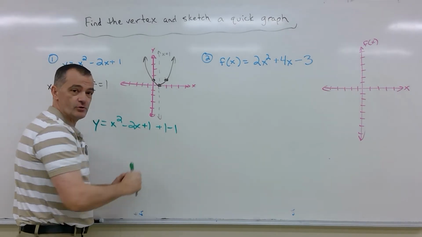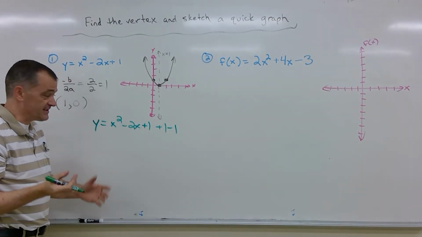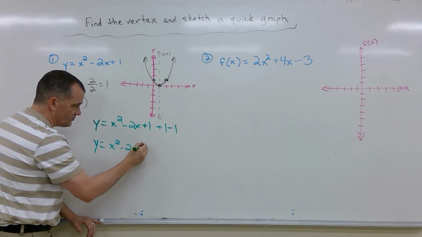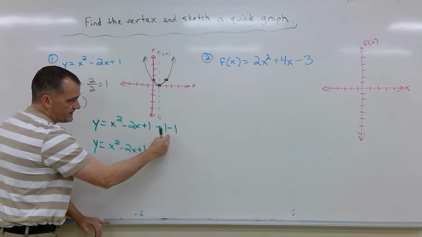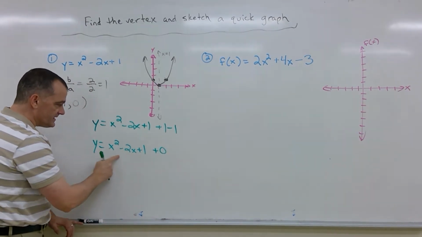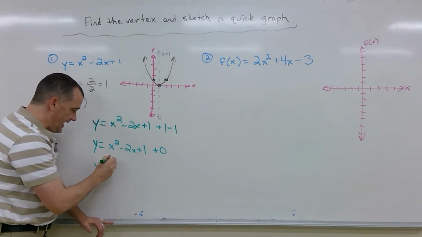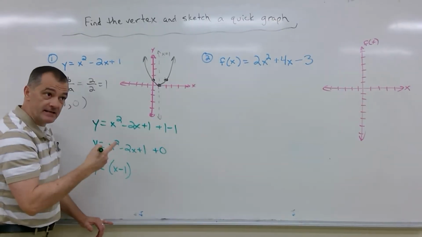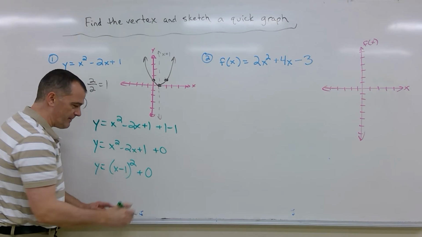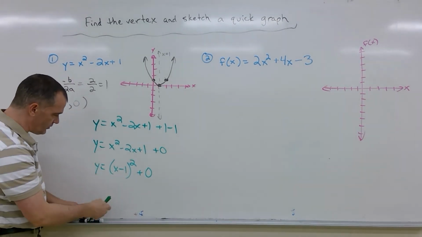I added 1 and subtracted 1, which means I essentially just added 0. So now this is y equals x squared minus 2x plus 1, plus 1 minus 1. Well, if you want to put a plus 0 there, it's not anything, but this factors into simply x minus 1 times x minus 1, which is x minus 1 squared. And then if you want to keep that plus 0, you can, but here's the cool thing.